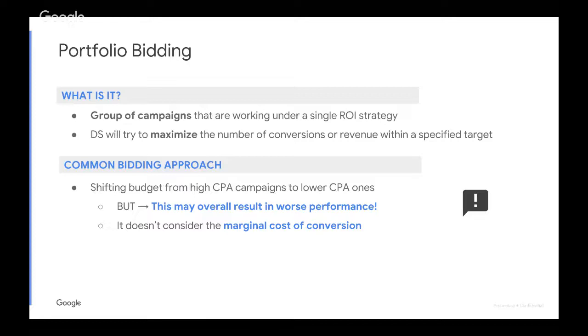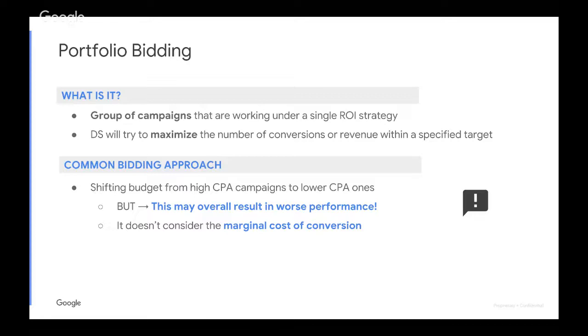within a specified target. The portfolio approach differs slightly from a conventional bidding approach, where we occasionally notice customers shift budget, let's say, from high CPA campaigns to low CPA campaigns. And that approach may result in overall worse performance.